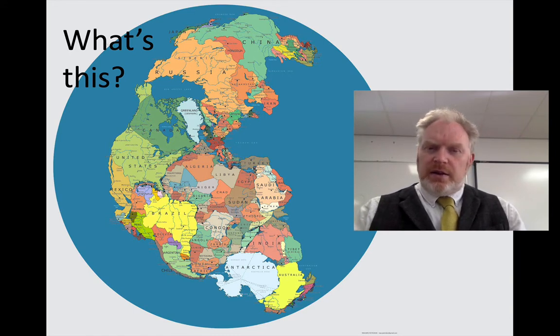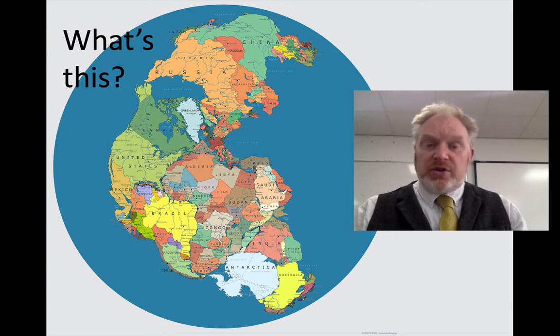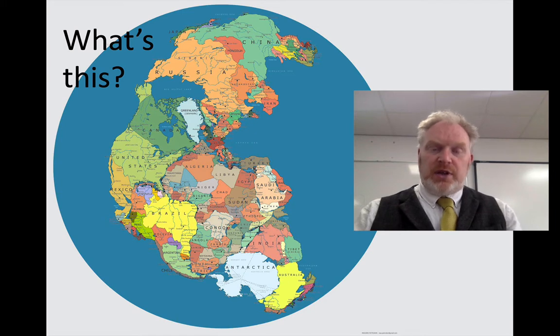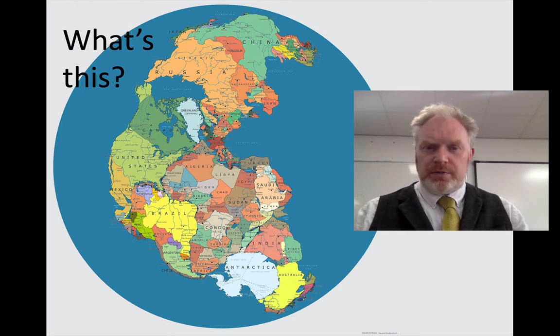In fact, to show how a modern version of that would look, with modern countries superimposed on the continental fit that Wegener himself proposed way back in 1912. He's the one who came up with this word that means the whole world.